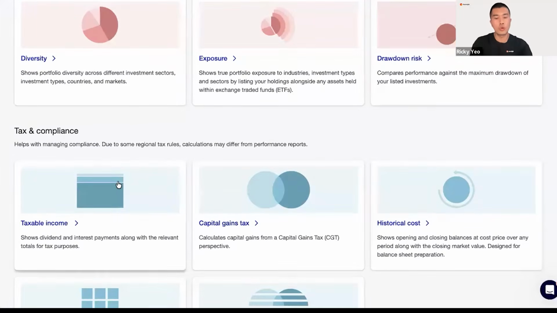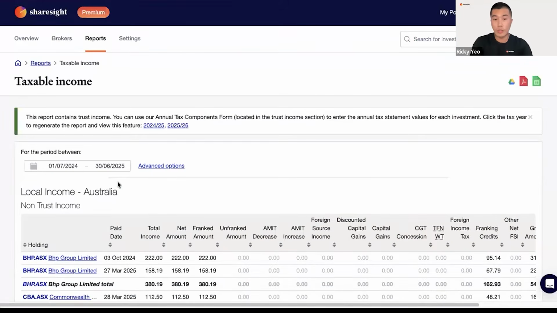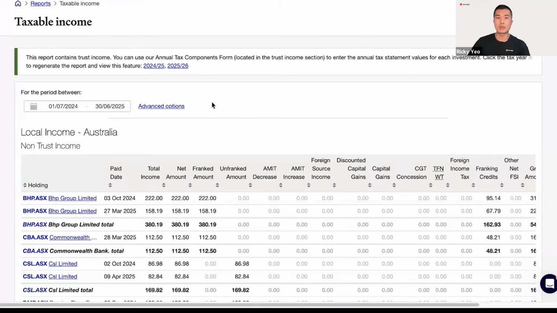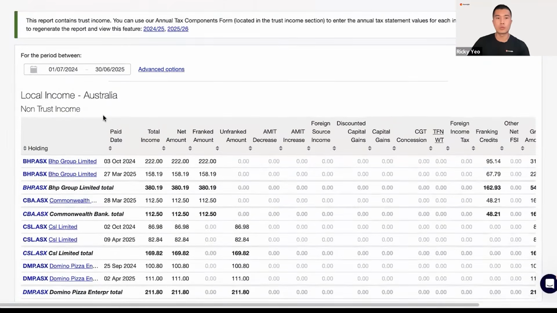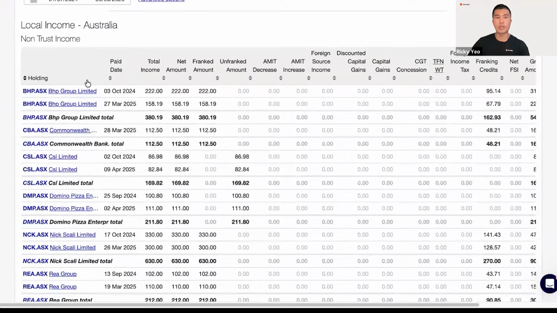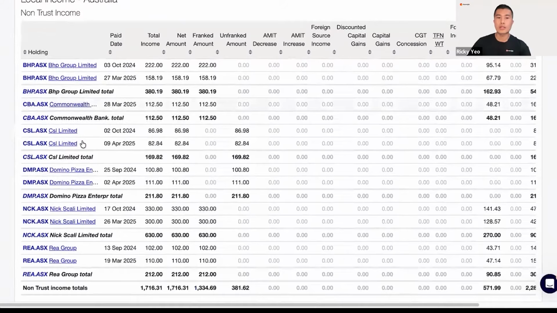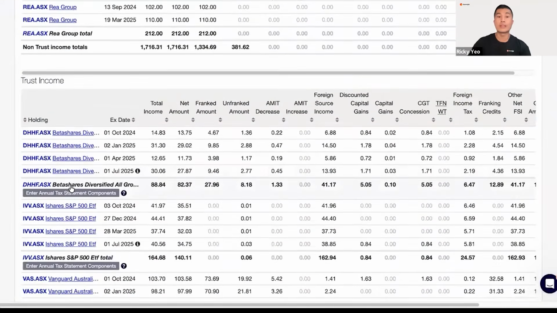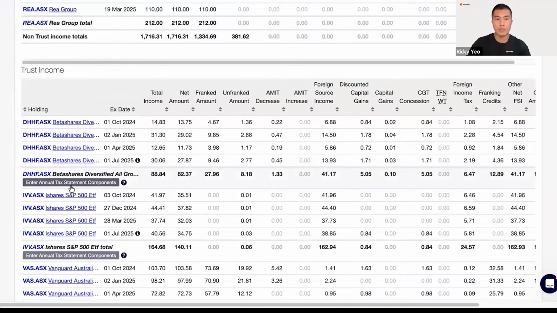This report shows you all the dividends, income, and distributions that you receive from all your shares or ETFs. The report is broken down into local income, so non-trust income and trust income. Non-trust income is what you get from typical individual shares. Trust income will normally be your ETFs or managed funds.